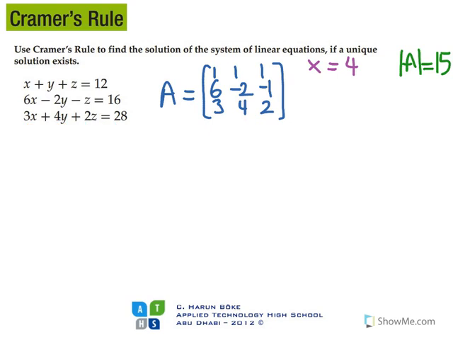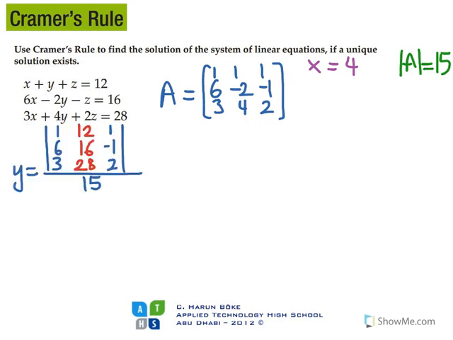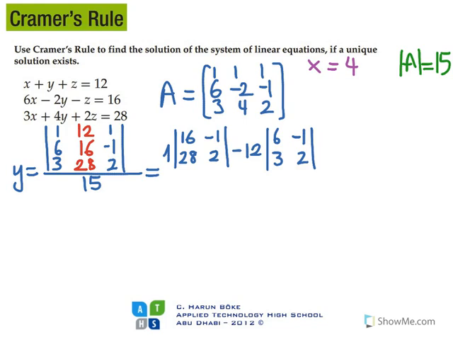Now y is equal to the determinant which we change the second column with the results divided by the determinant of A. So if we do the calculations, we will have the following: 1 times this determinant minus 12 times this determinant plus 1 times this determinant divided by 15.